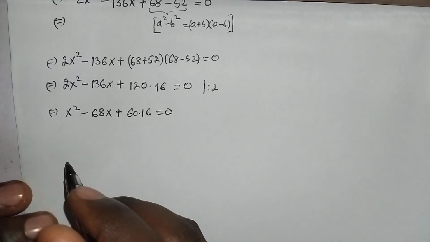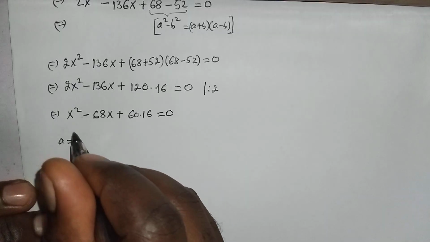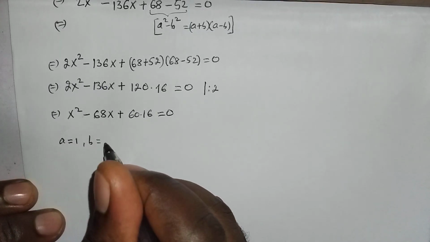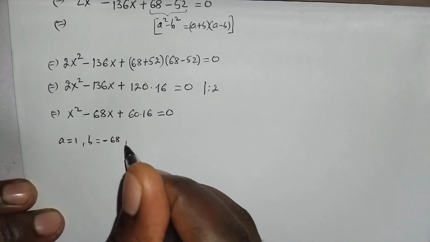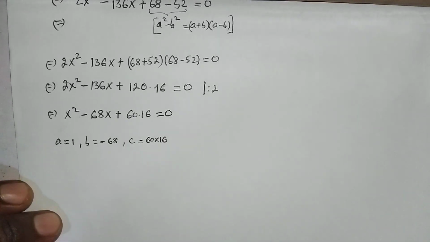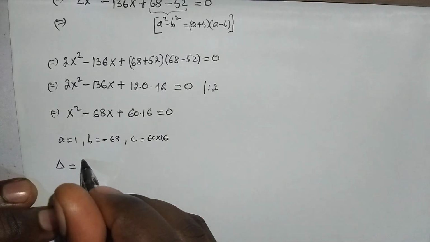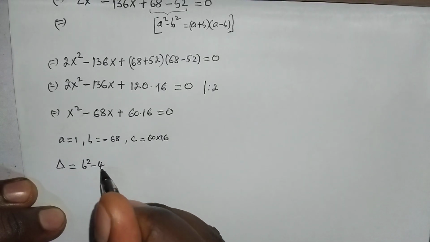You can find delta. Here a is equal to 1, b is equal to negative 68, and c is equal to 60 times 16. So we can find delta, which is equal to b square minus 4ac.